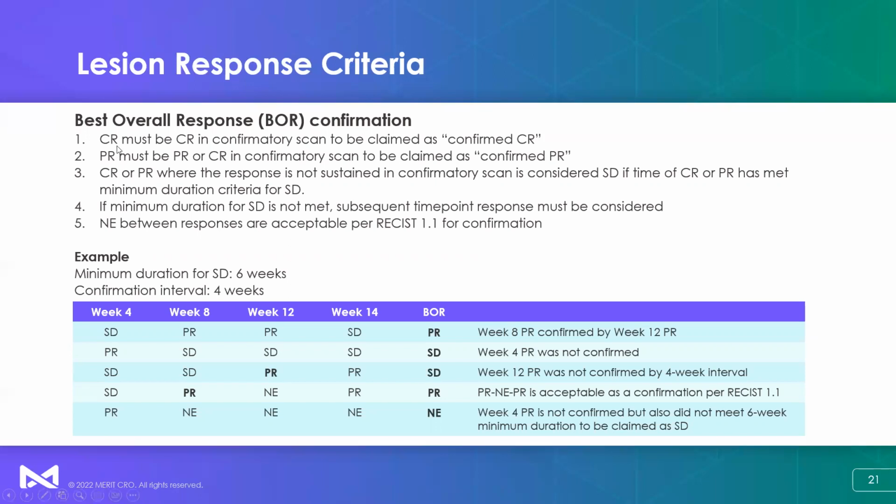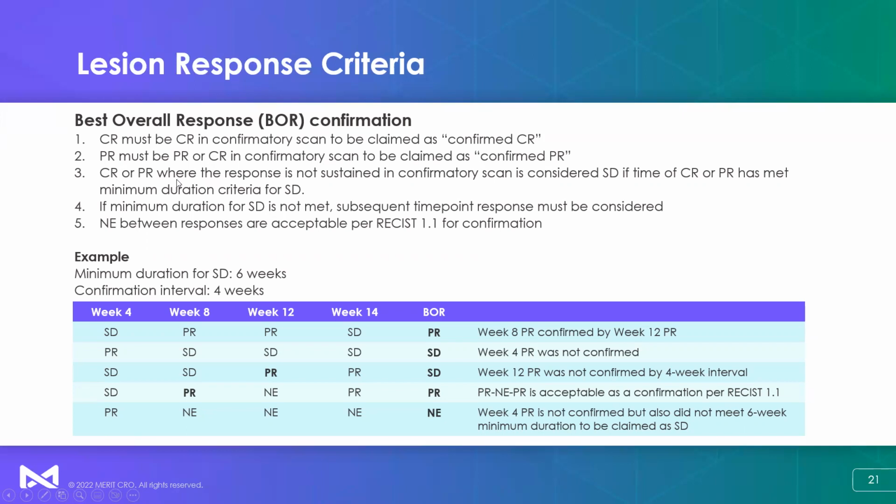First, a CR, or complete response, must be confirmed by another CR as a confirmatory scan. Also, for a partial response, another partial response or a complete response should be seen at the confirmatory scan to be claimed as a confirmed PR.